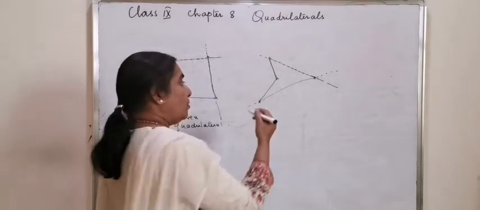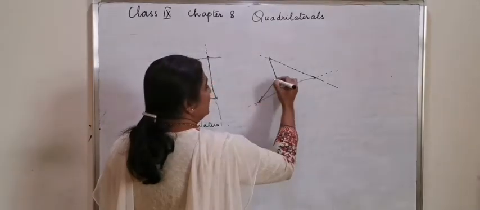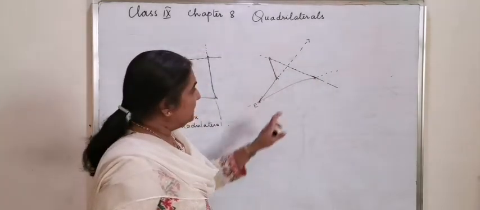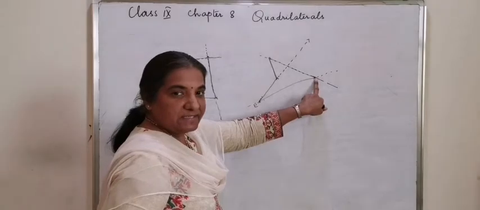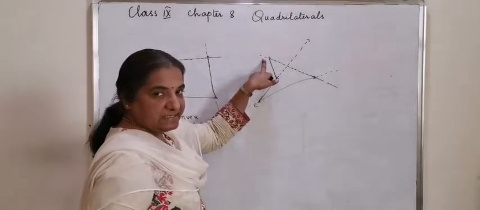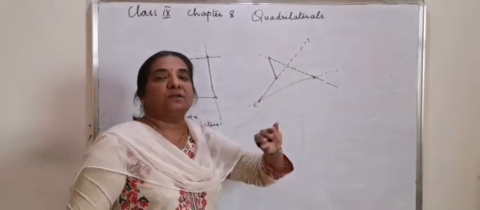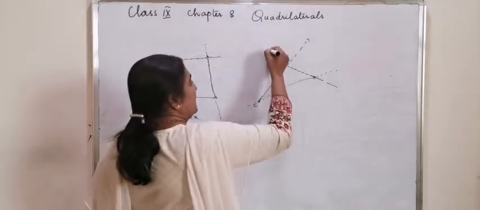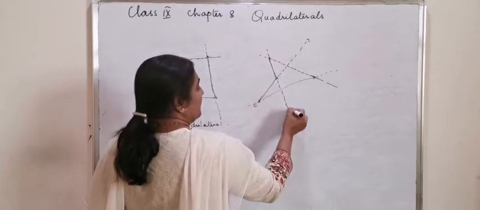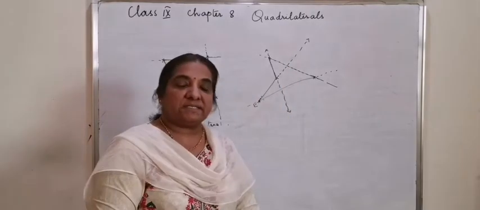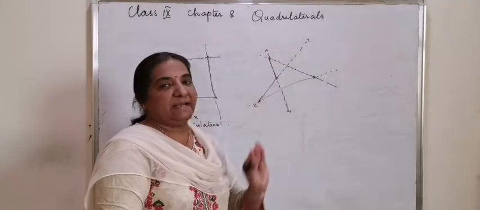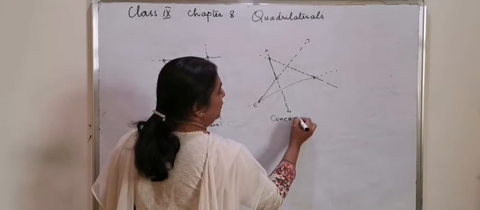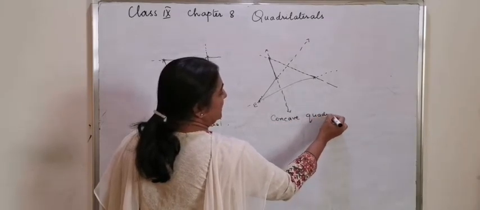But what about the extension done on this side? You can see one vertex is here and the other vertex is here. That is, both the vertices are on opposite sides of the line extended. Similarly, if you extend this line also, the remaining 2 vertices are on the opposite side of the line extended. Such quadrilaterals are called concave quadrilaterals.